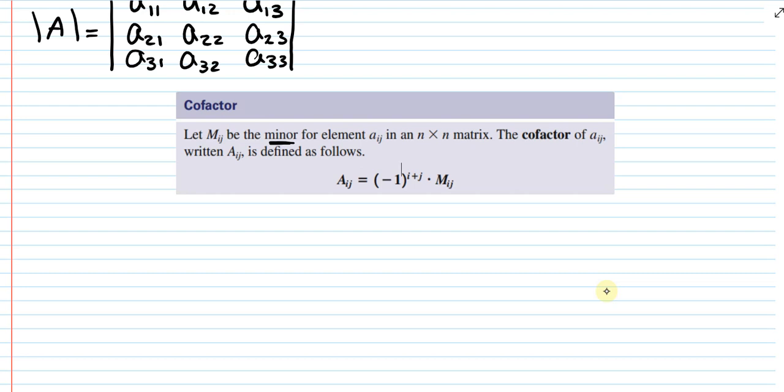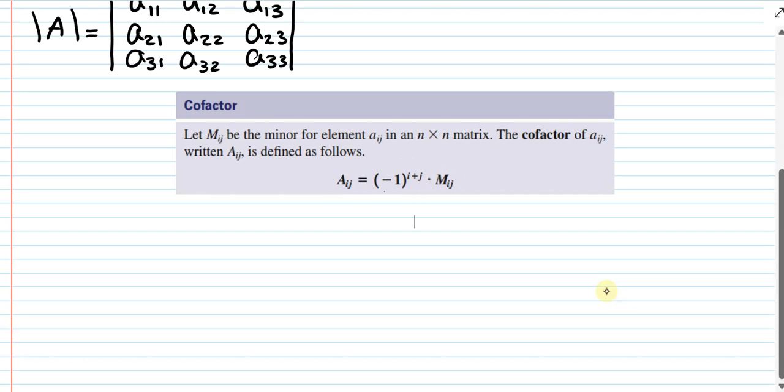The cofactor of a_ij, remember a_ij is an element of the matrix, right? So the cofactor of an element of a matrix, call it A_ij, is defined as negative 1 to the power i plus j times the minor of the element in that row and column position.